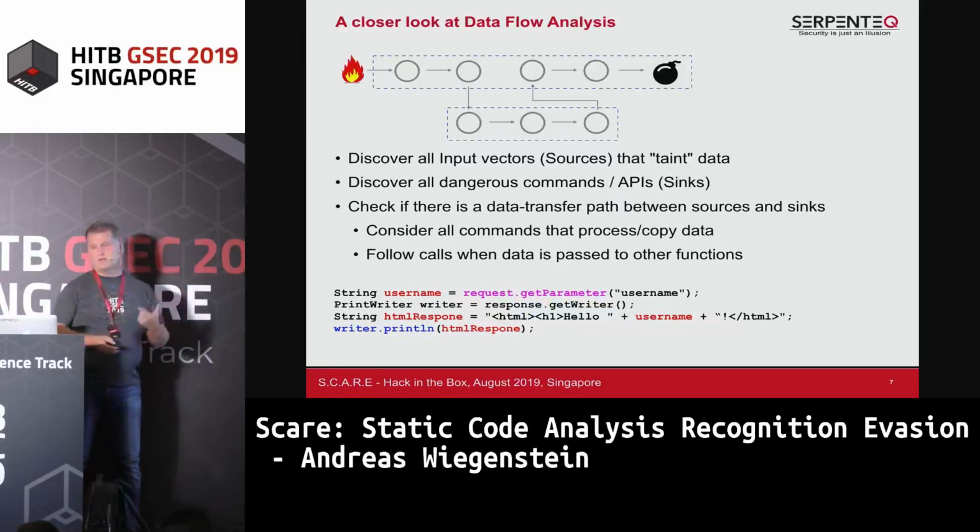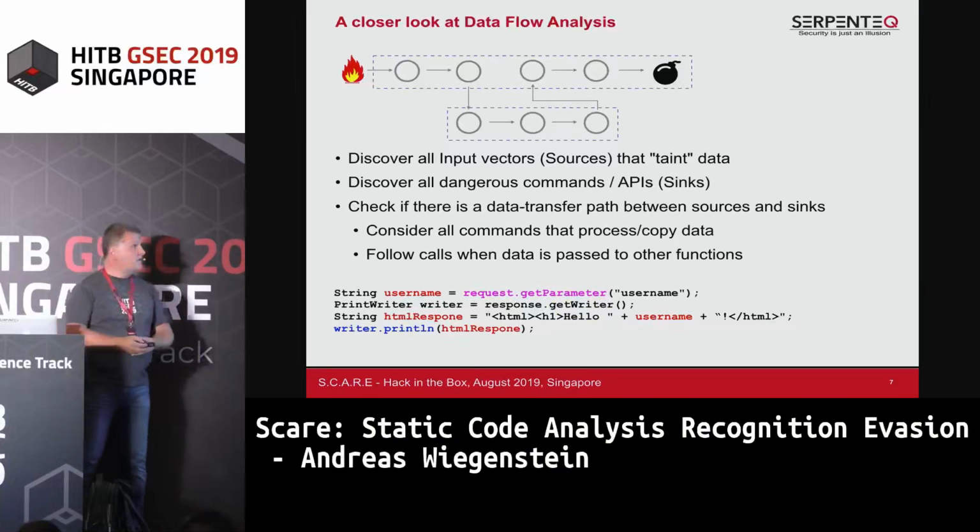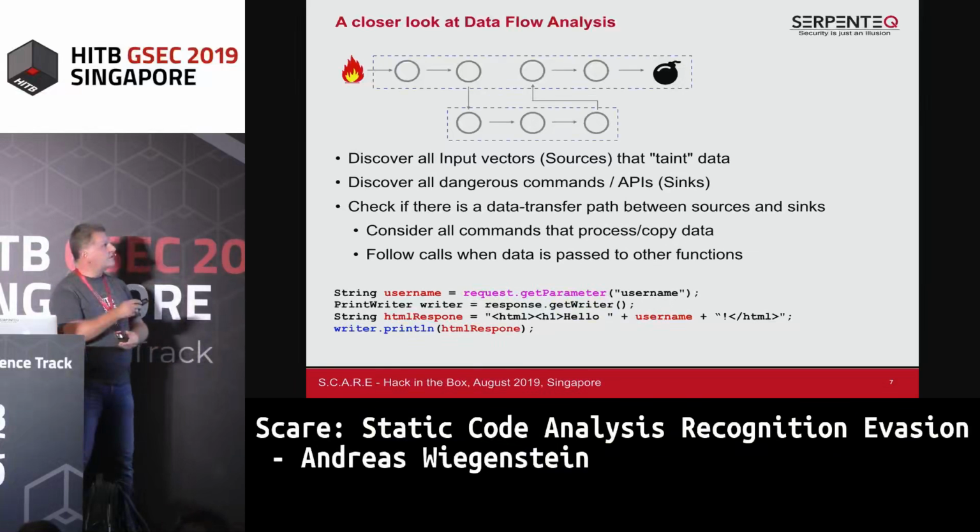You also need to know all the potentially dangerous APIs in the software, all the calls that can potentially do harm. So these are the sources, these are the potentially dangerous functions, and then you need to check whether there is a way this potentially dangerous input can find its way to the critical function. If that happens, boom.